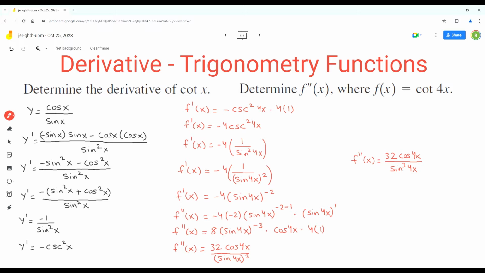Now we can simplify this expression by breaking up sine cube 4x into sine square 4x times sine 4x.